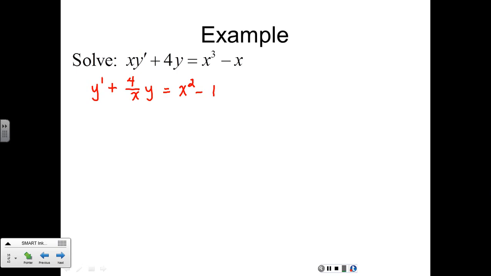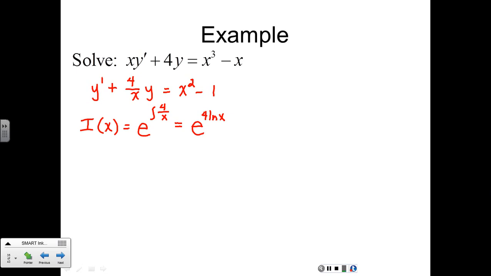My integrating factor is e to the integral of what? I love this. This is where we got to get our algebra straight. What's the antiderivative of 4 over x? 4 ln x. Good job.